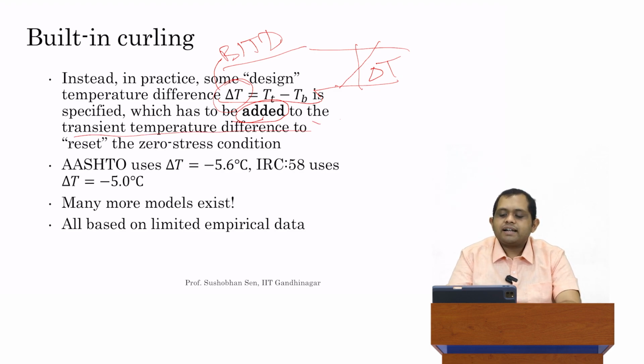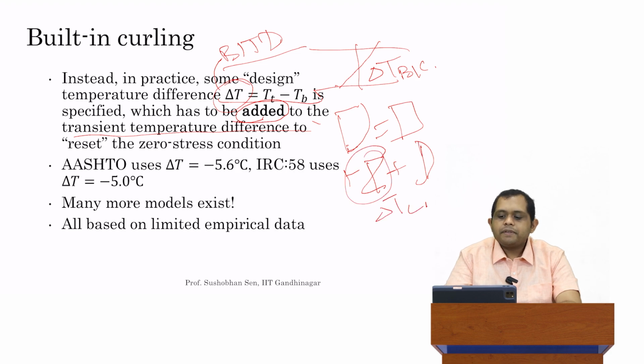So from our transient analysis, we have a non-linear distribution. If I call this BIC, if I have this non-linear temperature distribution, I already saw that I can decompose it into 3 components. This particular component, which I previously called delta TL, I will add delta T BIC to, and then this becomes my reference configuration.